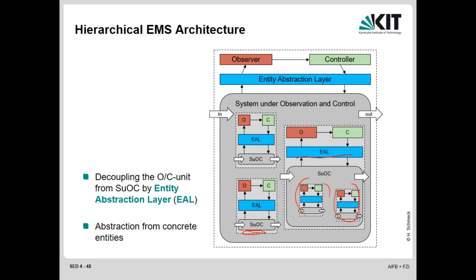We could combine those into a larger system and have now different systems which have some observer-controller interface and observe what's going on internally and can provide some information to the outside world. And again, we could have this entity abstraction layer and a connection to the next layer.